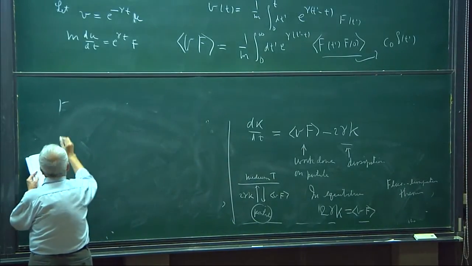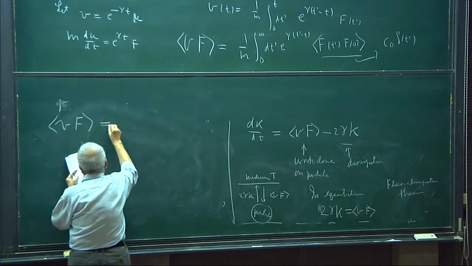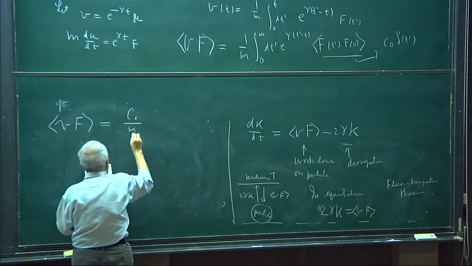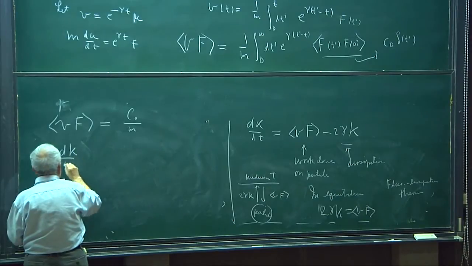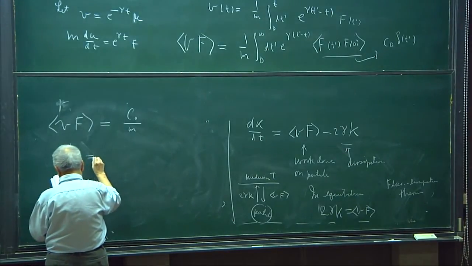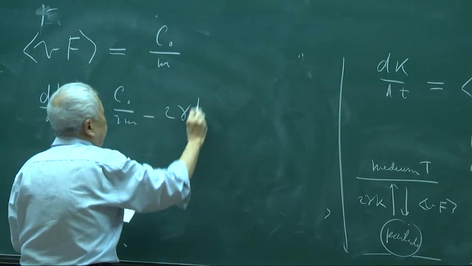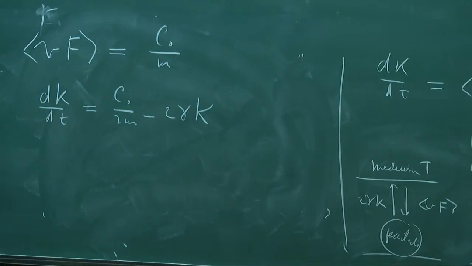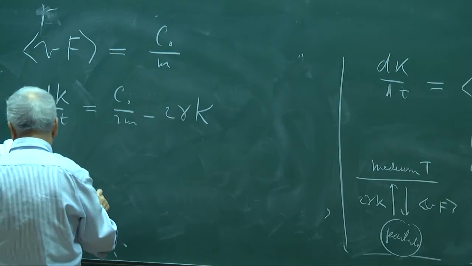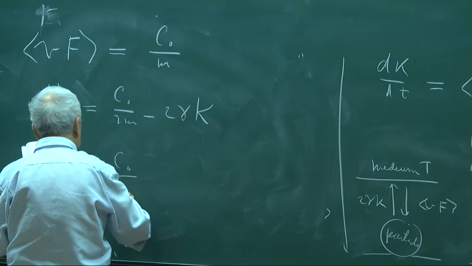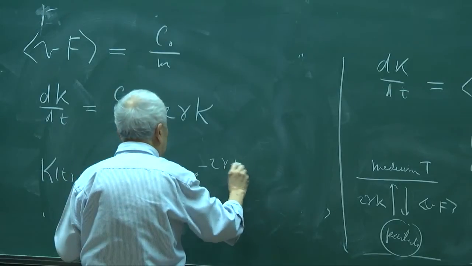As a result, I find that vf is just equal to C0 over m. And therefore, dK/dt finally is equal to C0 over 2m minus 2 gamma K. You can now solve this equation and find that K of t, the kinetic energy, is equal to C0 over 4 m gamma times 1 minus e to the minus 2 gamma t.